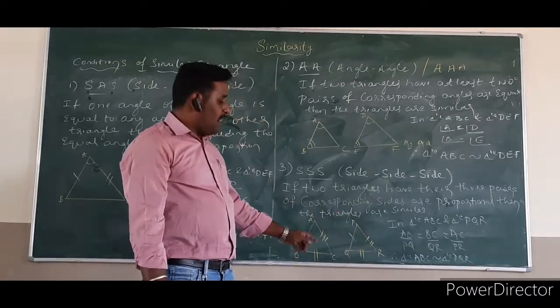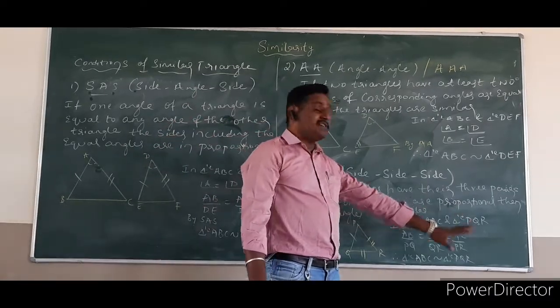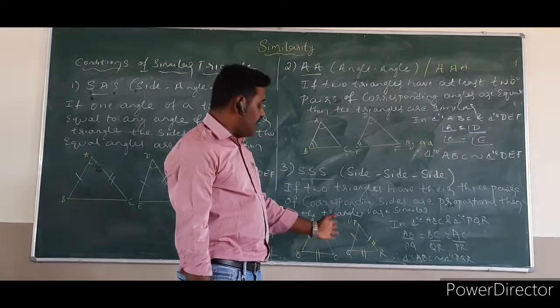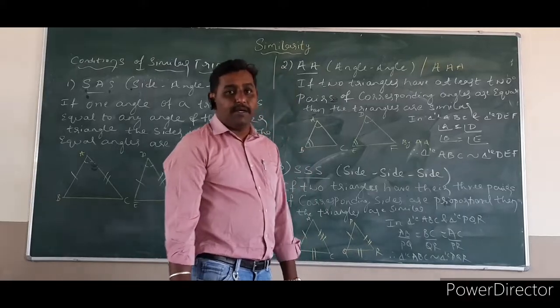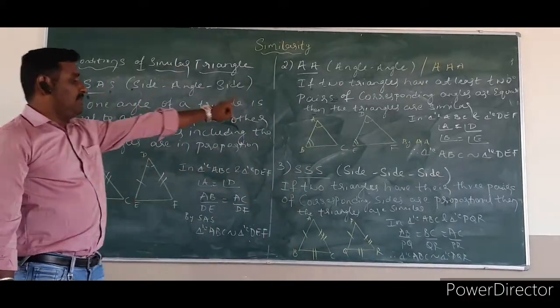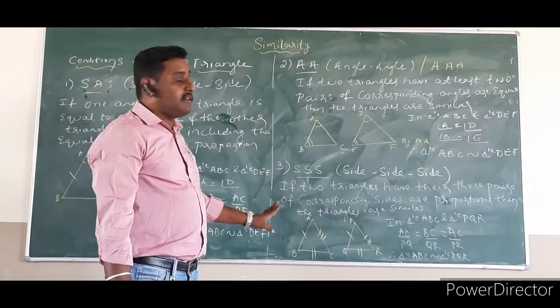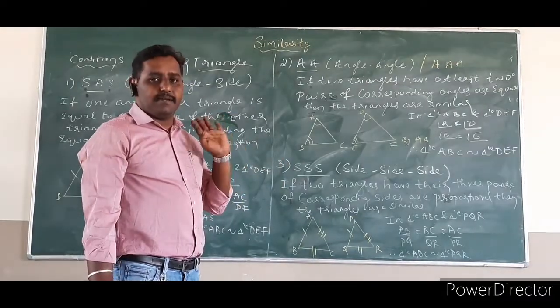If you prove the three corresponding sides are proportional, then you can easily say that triangle ABC is similar to triangle PQR. So we have learned the SAS test, AA test and triple S test. Based on these three tests, we can easily prove that two given triangles are similar.